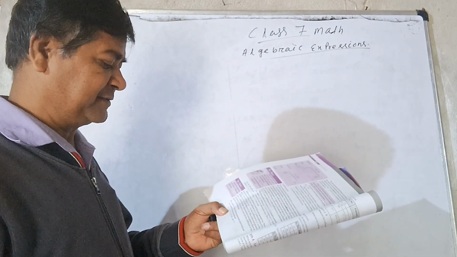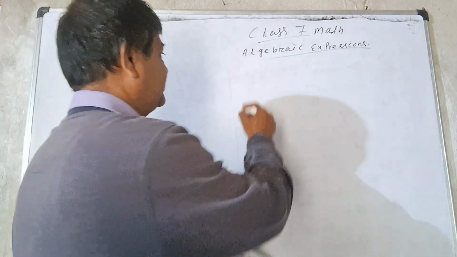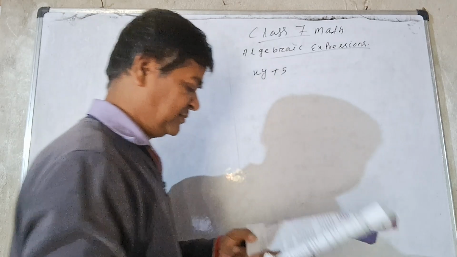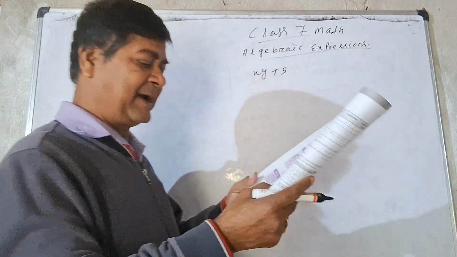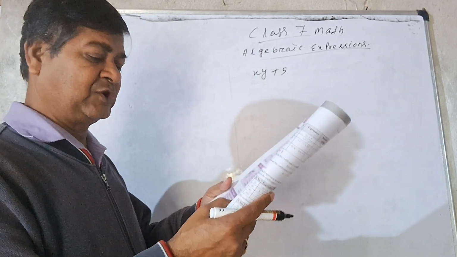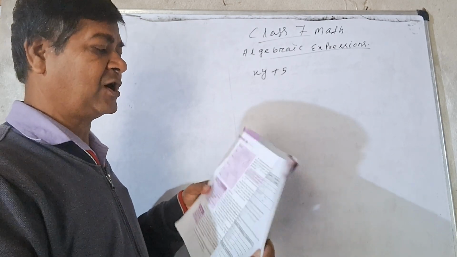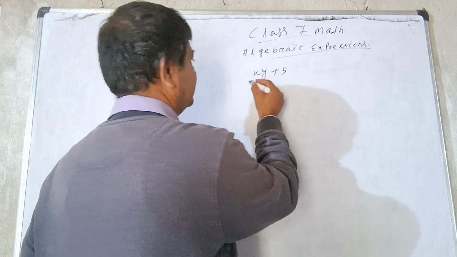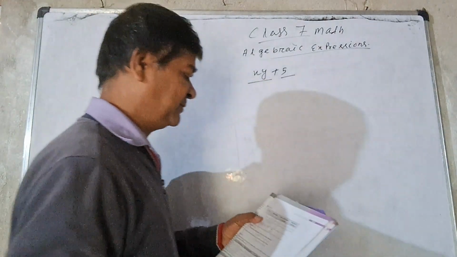What is a coefficient? The first expression is xy plus 5. First you will identify the terms. There are two terms, xy and 5.